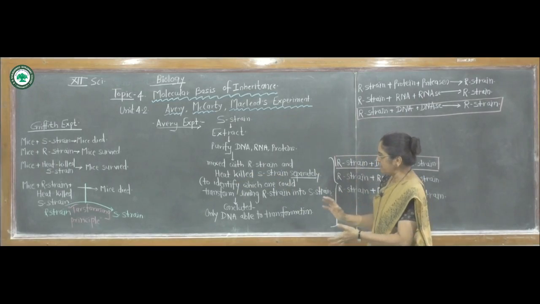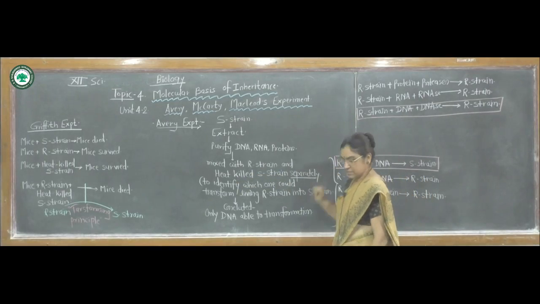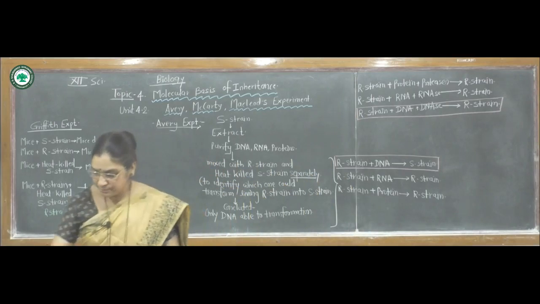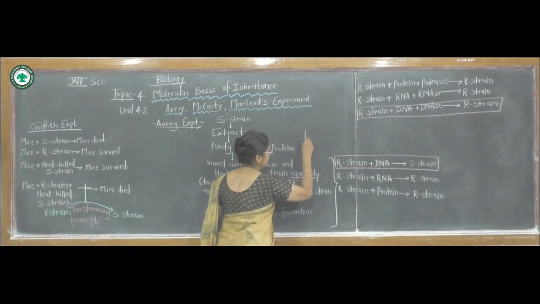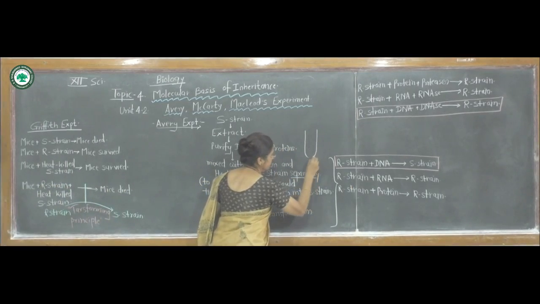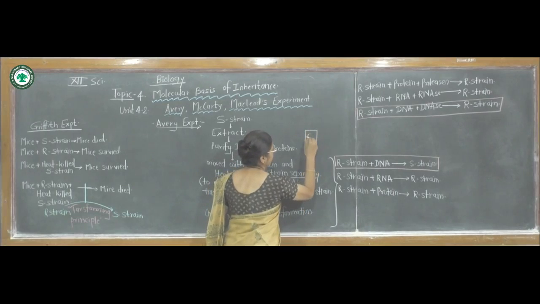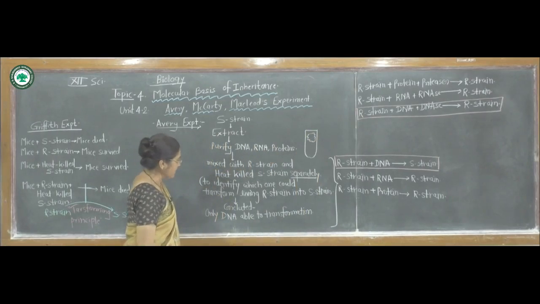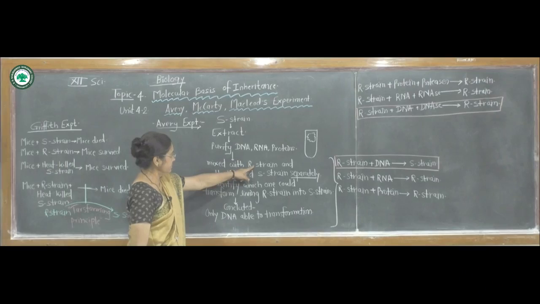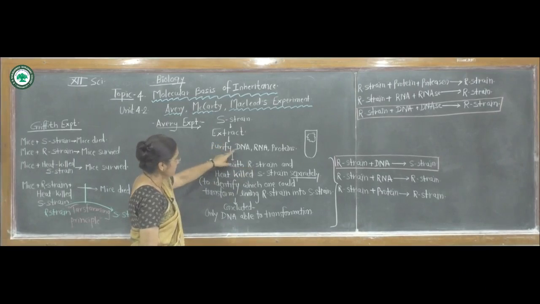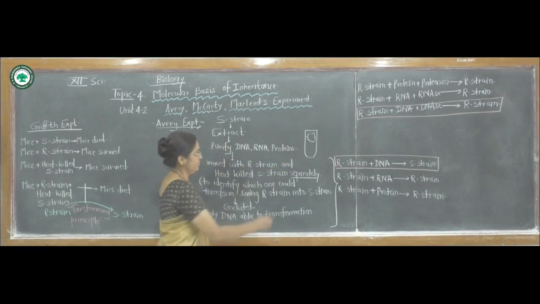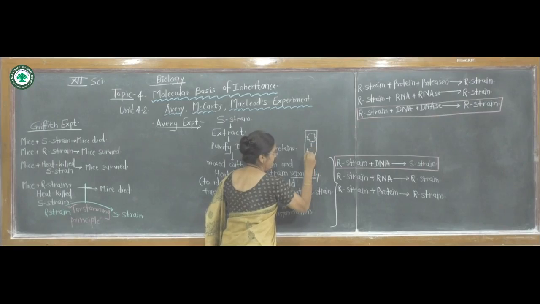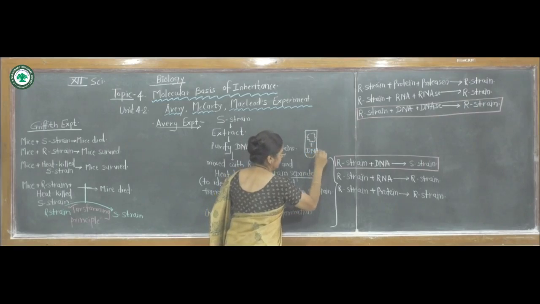That means there may be different steps. Suppose in a test tube, Avery took R strain bacteria. To the R strain bacteria Avery added DNA separately, so R strain bacteria plus DNA.